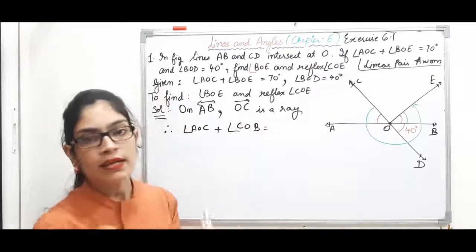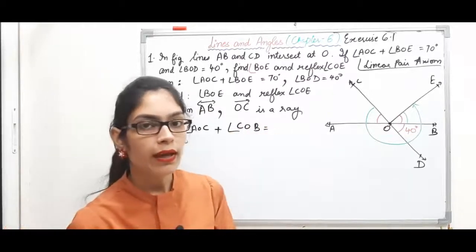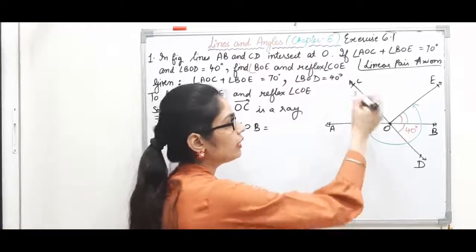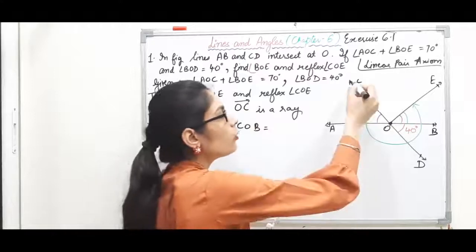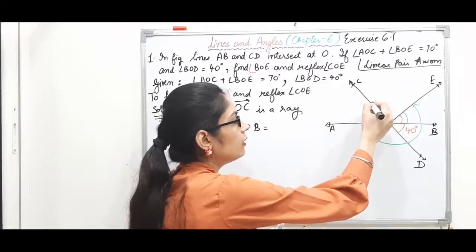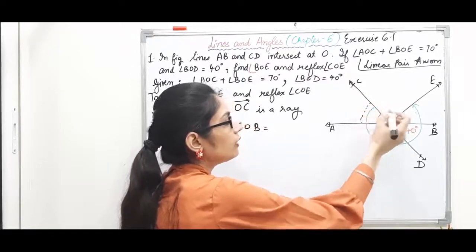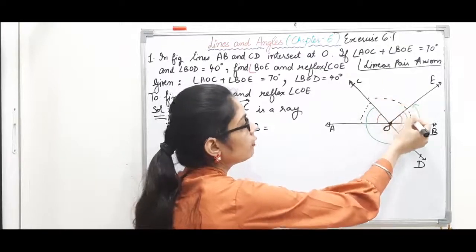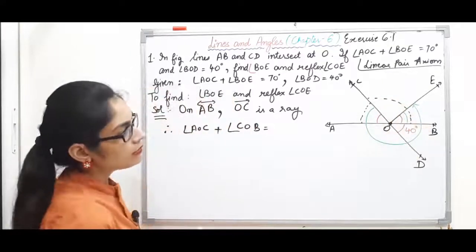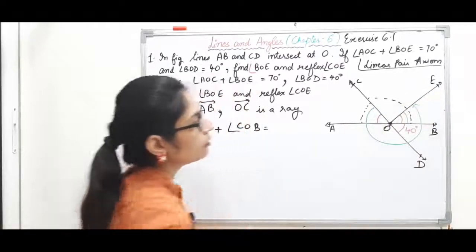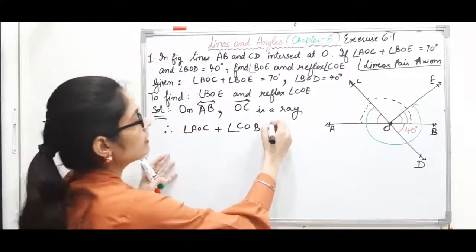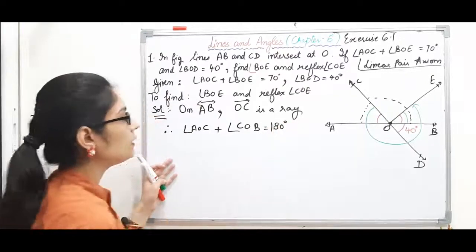Because in the linear pair axiom, I have to write two angles which are adjacent to each other. Adjacent means when they are sharing a common vertex and common arm. So this angle and this angle I have written, these two. This I have not written. So it is equal to 180 degrees.